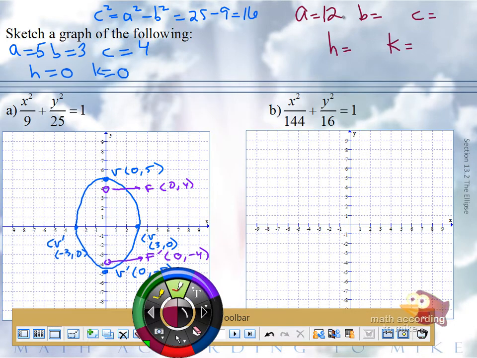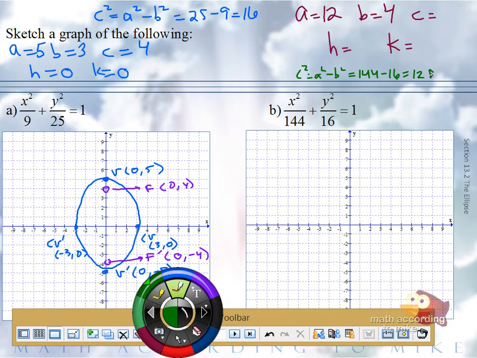So remember, A squared is always the larger denominator for our purposes. Give me a B. Okay. Since C squared equals A squared minus B squared, we're going to have 144 minus 16. What is 144 minus 16?